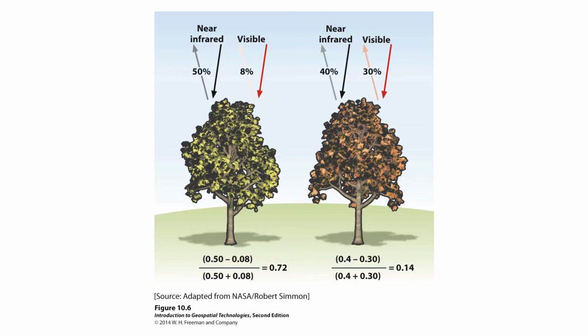And here's what we're talking about. This is the idea of creating something like a band ratio or an indexed value. The vegetation index looks at the near infrared and the visible light, and it calculates a ratio of one to the other, and you can see how the trees look very different at different times of the year.